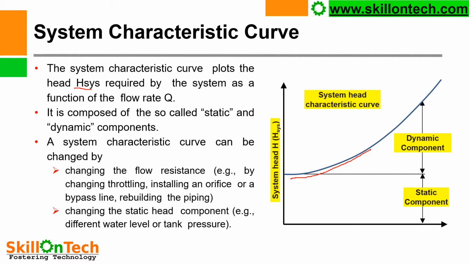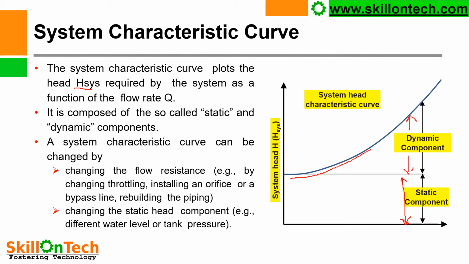So the fluid faces some resistance during flow in the discharge pipeline, and that is called the dynamic component. Here these two components are shown. This is the static component, the basic requirement of lifting fluid up to a height, and the second one is the dynamic component which is faced during flow in the discharge pipeline.